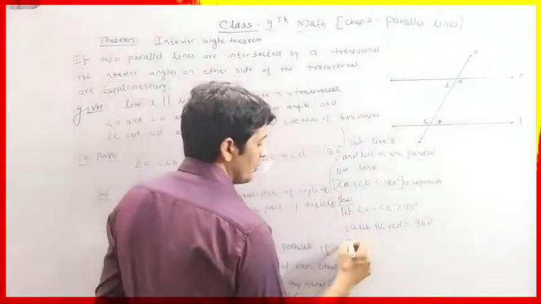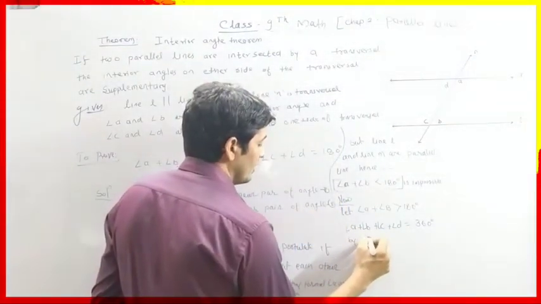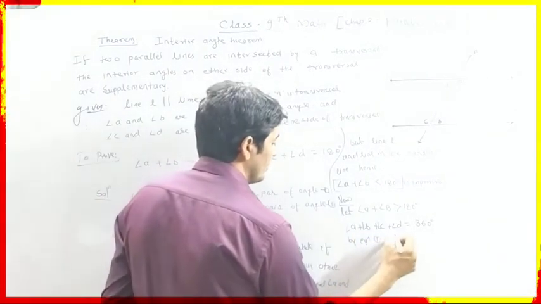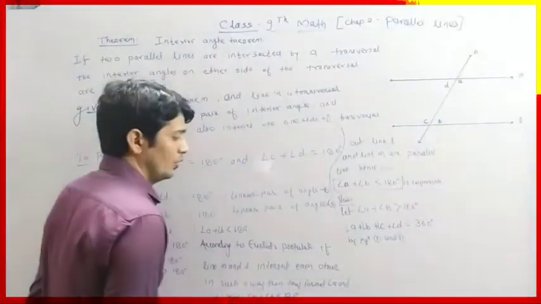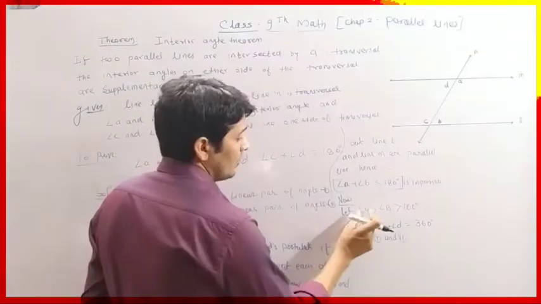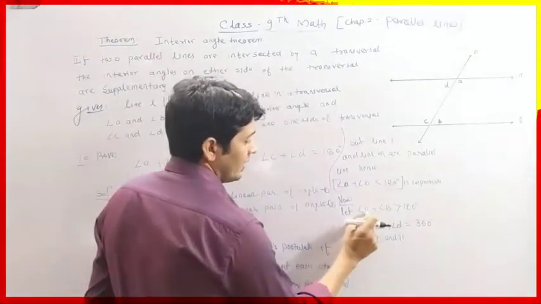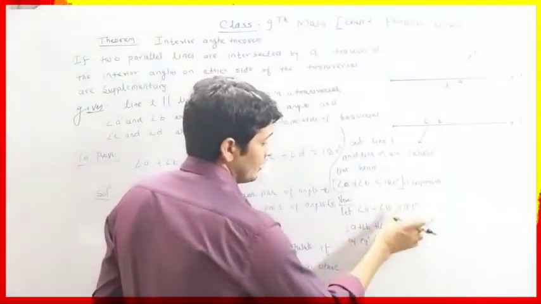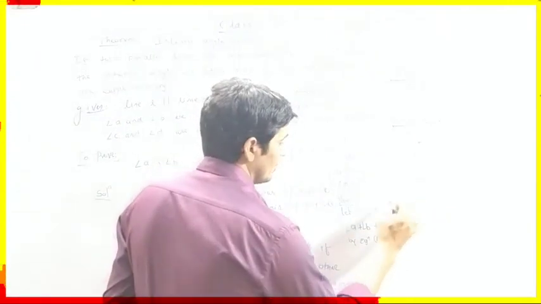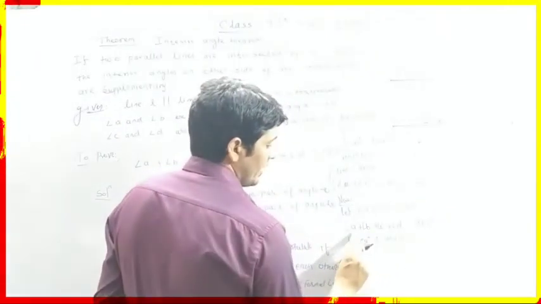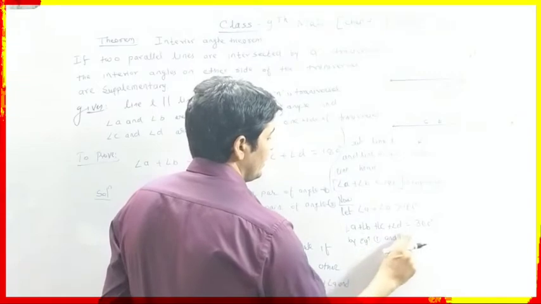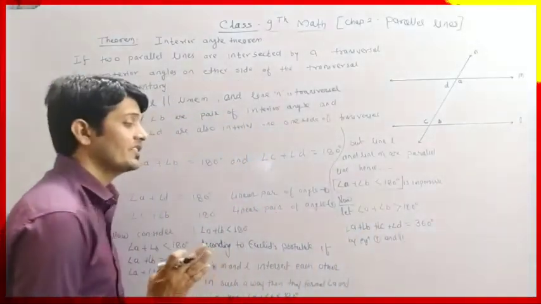So by equation 1 and 2, therefore we have to write this pair of angles A and B plus C and D is equal to 360 degrees.